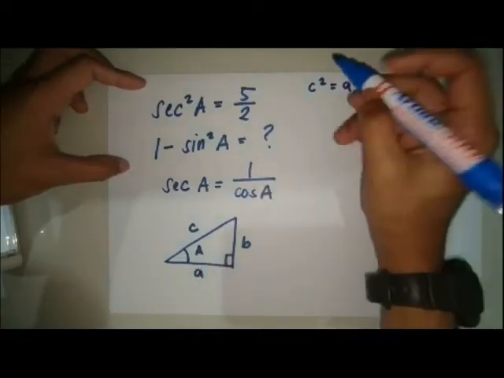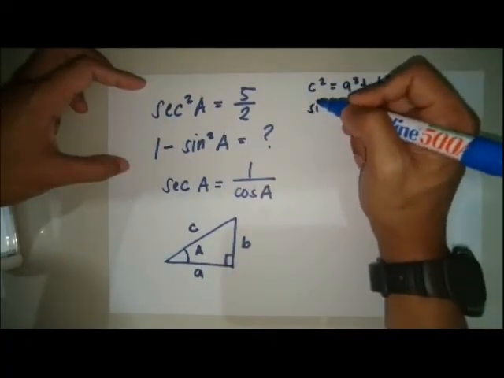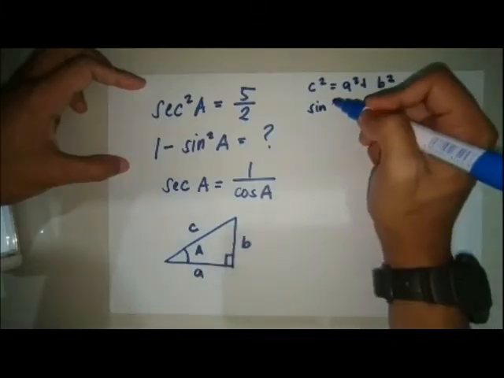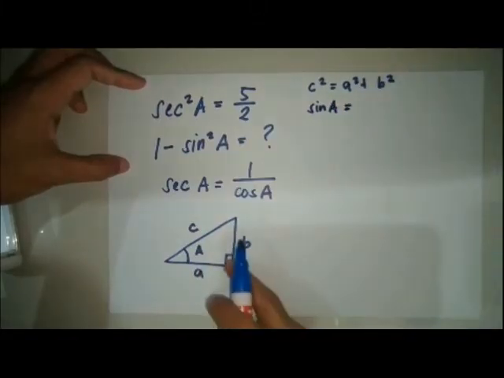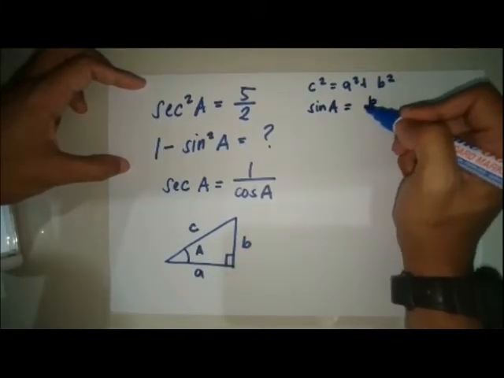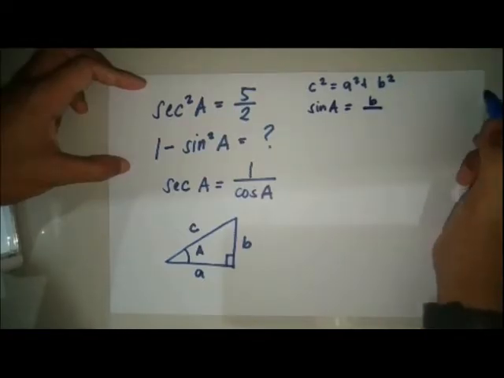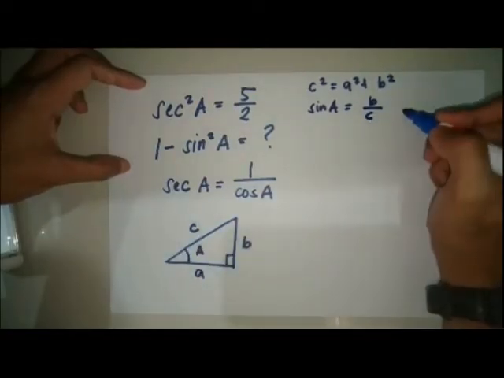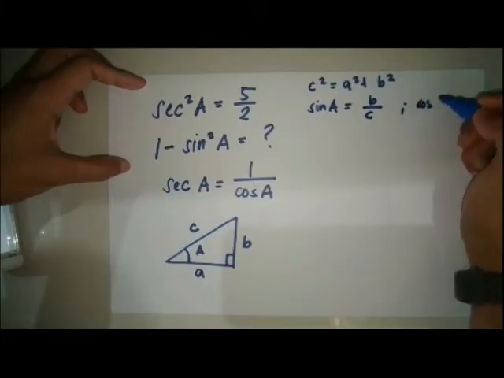And here you have sine angle A, that is equal to B over C, hypotenuse. And you have the cosine of angle A, that is equal to A over C.